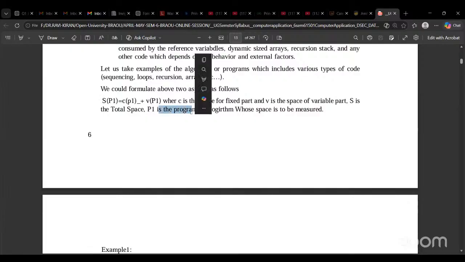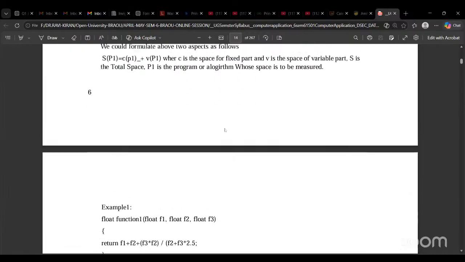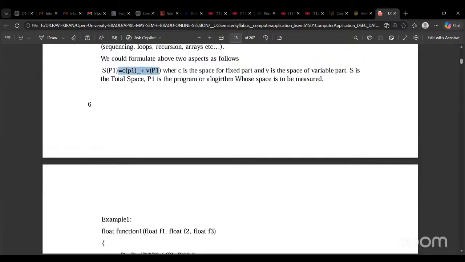P1 is a program or an algorithm whose space is to be measured. So the total space of the particular program or algorithm equals the fixed part of the program plus the variable part, which includes both, the total space.